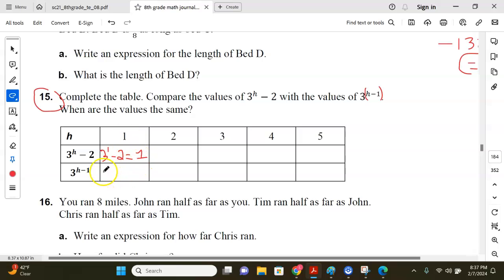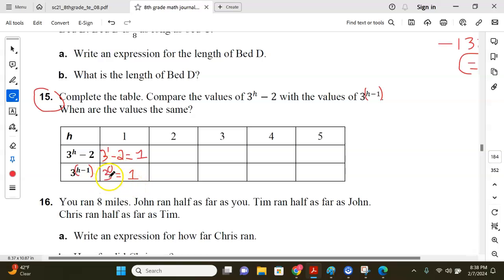All right, and then the next value is 3 raised to the h minus 1. So the whole thing, h minus 1, is the exponent. You put the 1 in for the h. 1 minus 1 is 0. 3 to the 0 is going to be 1. So when h is equal to 1, both of these outputs are the same. It's going to give you 1.